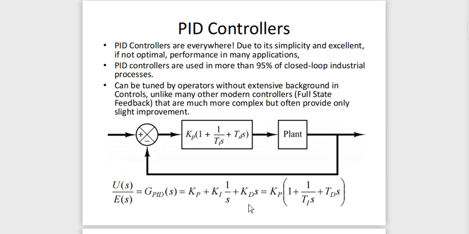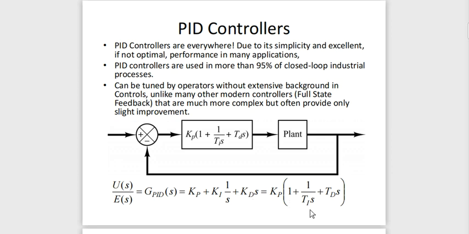To improve the transient response, we keep Kp and Ki constant and change the value of Kd. Adjusting the values and achieving the specified performance is called tuning.